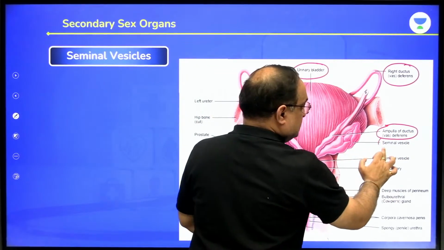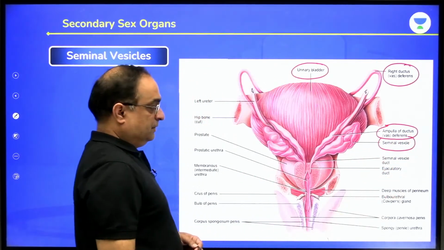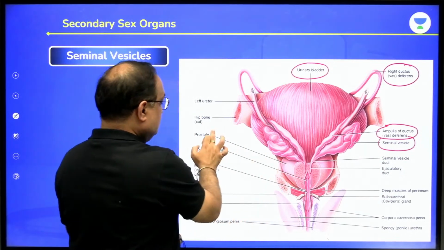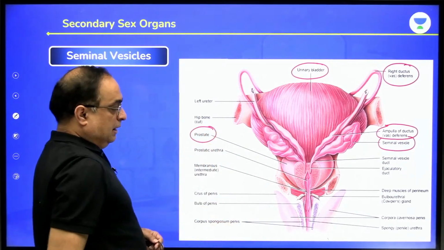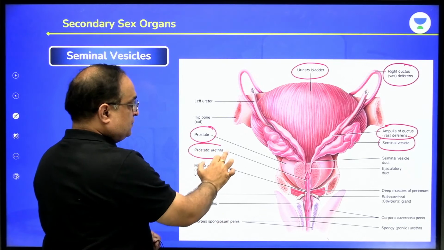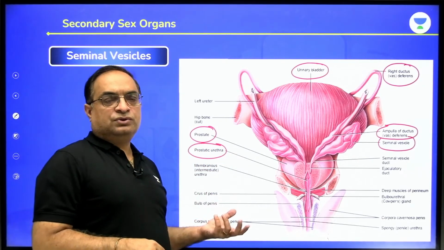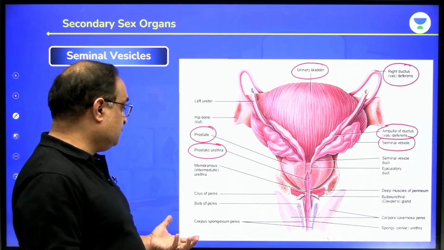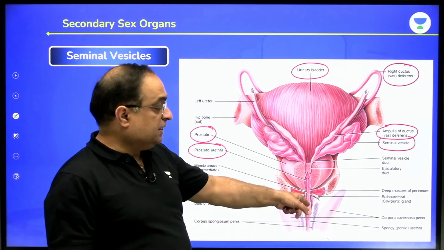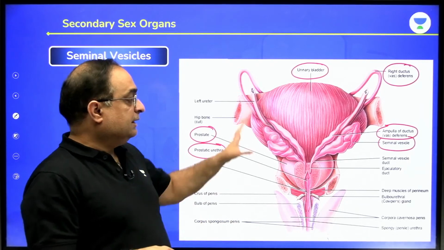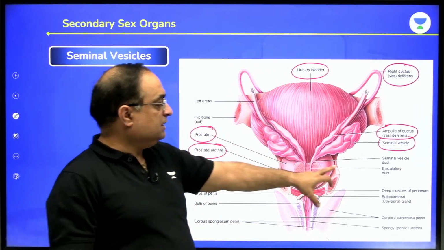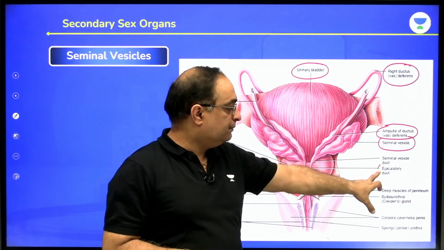These glands are the seminal vesicles. Can you see the prostate gland, the size of a walnut? The part of the urethra passing through the prostate is the prostatic urethra. The urethra has different portions: prostatic urethra, membranous urethra, penile urethra. Then you can see the structure of the penis also, which we'll discuss. Tell me, is this clear? Can you see the ejaculatory duct also?